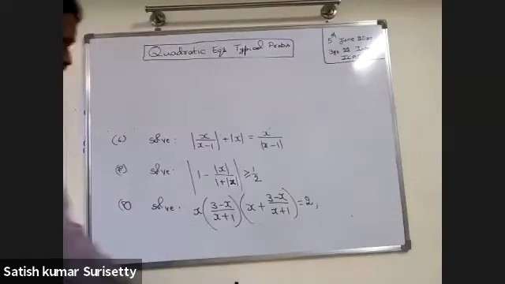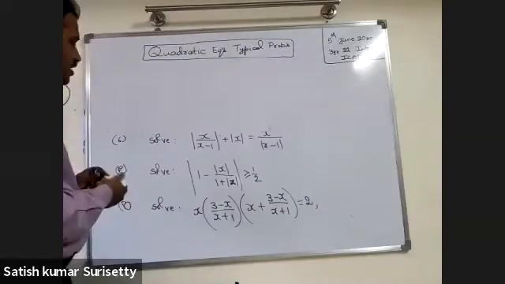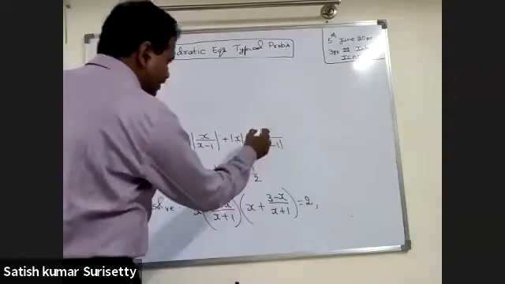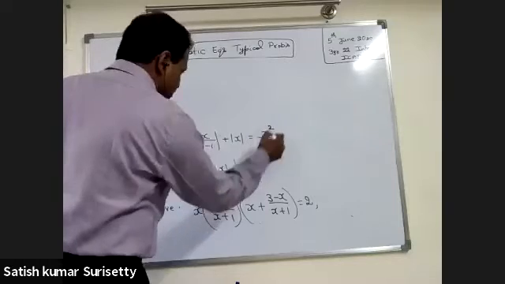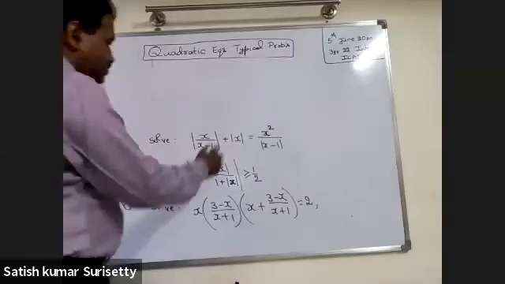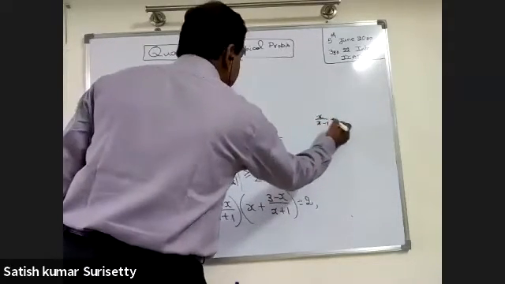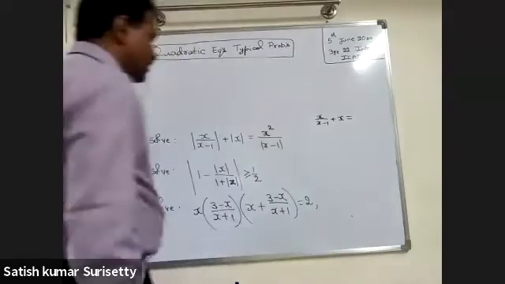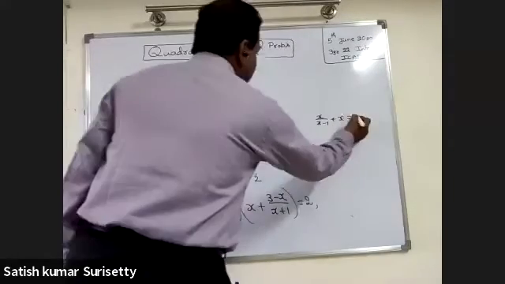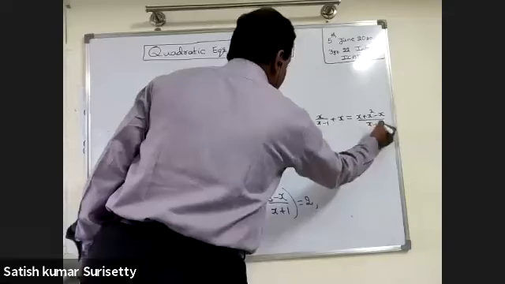Next, sixth problem. Modulus of x upon x minus 1 plus mod x equal to x square upon modulus of x minus 1. Now, if you observe the inside, x upon x minus 1 plus x, when I simplify, what I'll get is x plus x square minus x upon x minus 1.